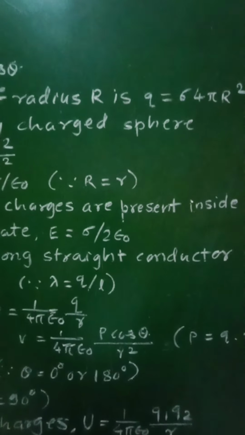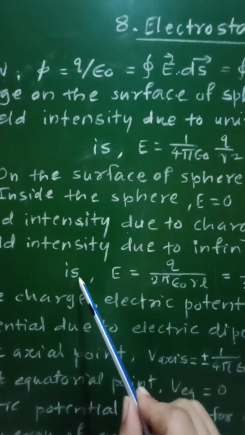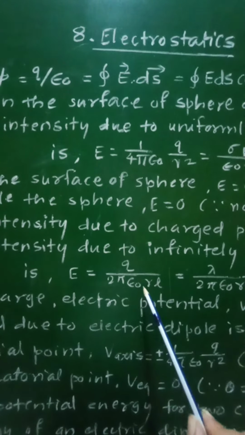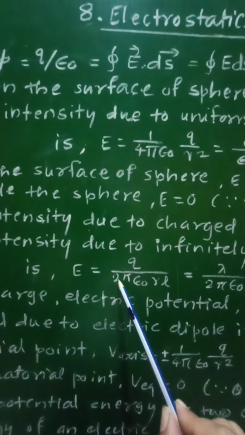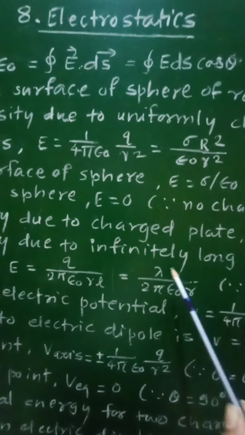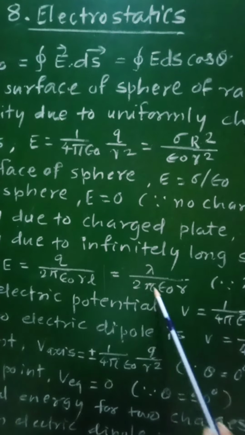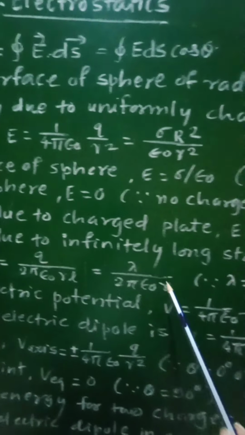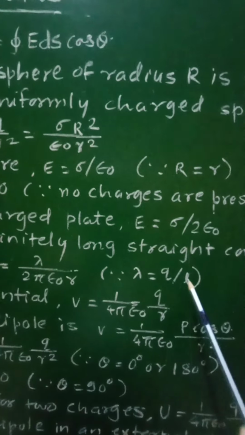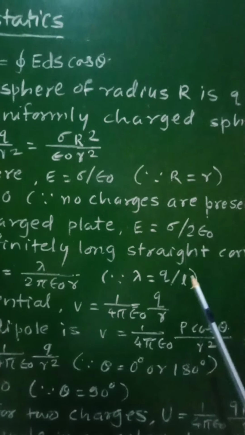If any infinitely long straight conductor is taken, then due to that conductor electric field intensity E is equal to q upon 2 pi epsilon 0 R L, which will be further written as lambda upon 2 pi epsilon 0 R, where lambda is the linear charge density, that is charge per unit length of that conductor, that is lambda is equal to Q by L.